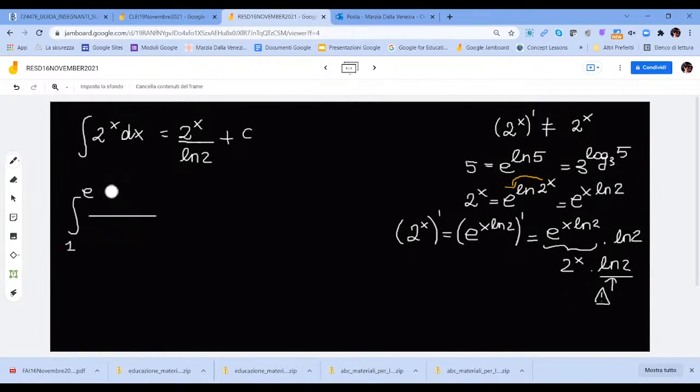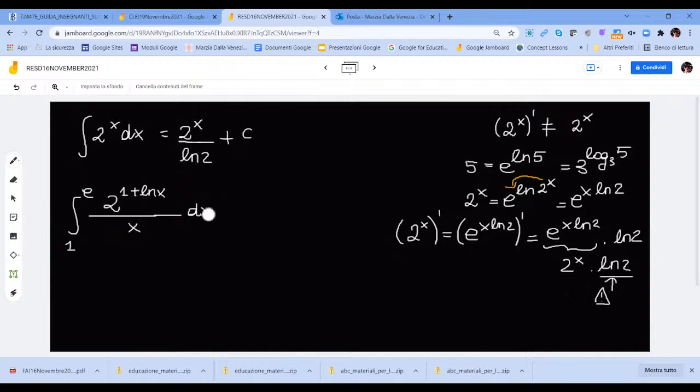This is the integral of 2 raised to 1 plus logarithm of x, divided by x, in the x.